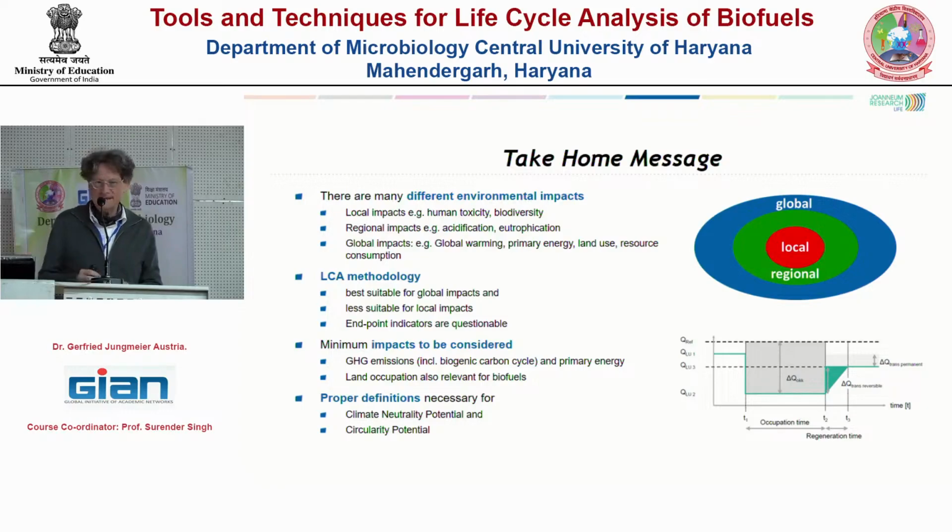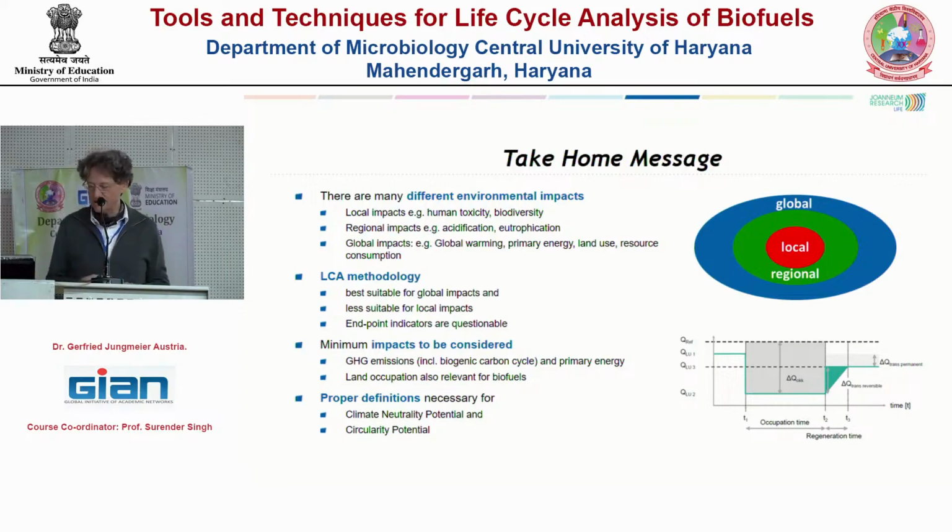In the impact assessment, there are no physical units you can easily measure. They are all very complicated. I would not call them artificial, but somehow they are artificial to need big models to determine the CO2 equivalents or the particle equivalents. But anyway, different impact categories and the global ones can be covered quite well.